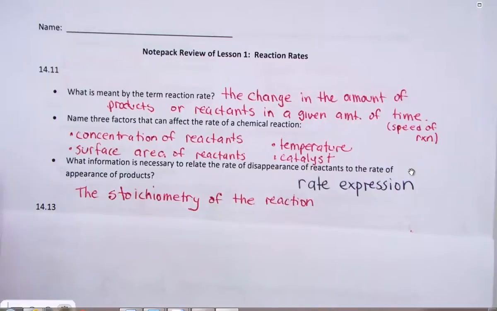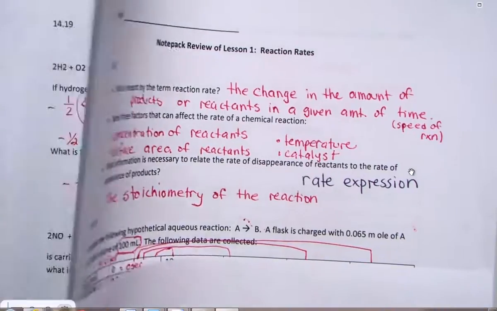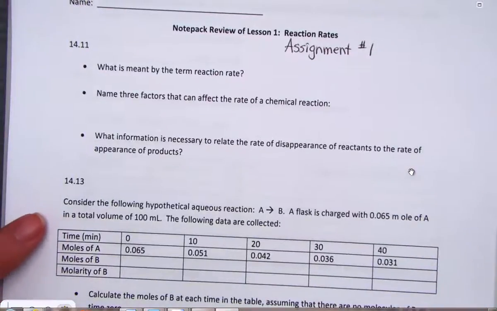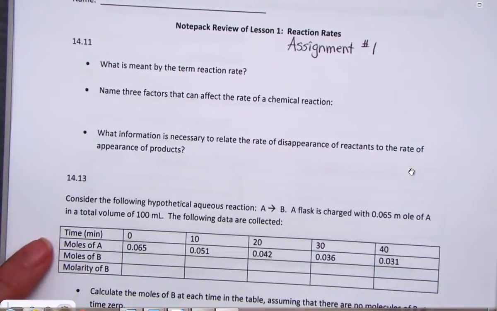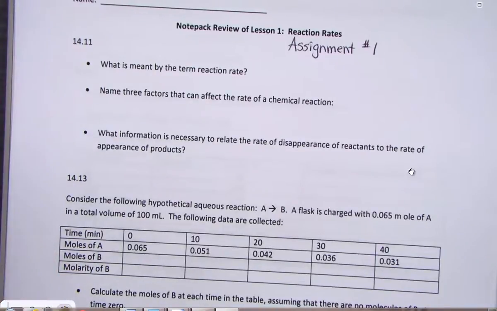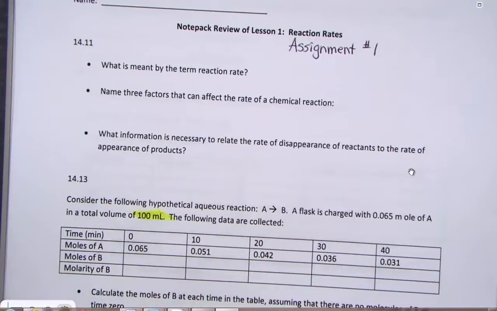Let's go on and talk about number 13. Consider the following hypothetical aqueous reaction. I think I'm going to go to a blank paper. A goes to B. The flask is charged with 0.065 moles of reactant A in a volume of 100 milliliters. The following data were collected.